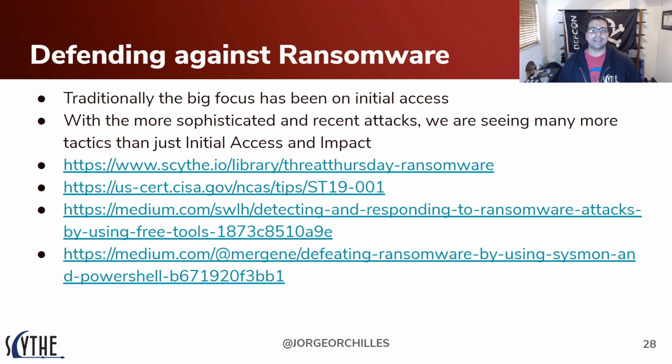How do we defend against ransomware? Well, before, we just had to worry about that initial access, right, on preventive controls, because ransomware would find its way onto any system and then encrypt it, even with user level privileges.